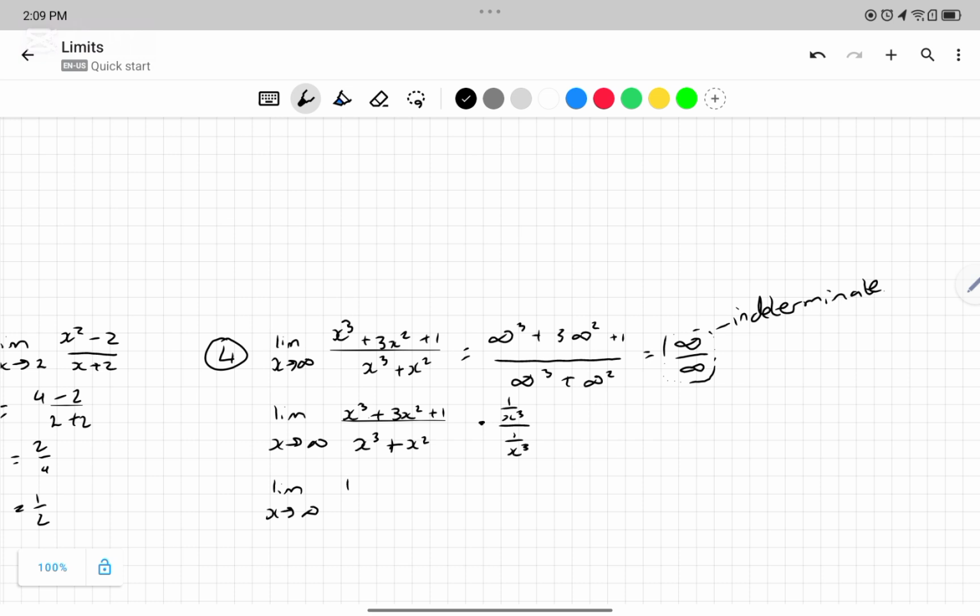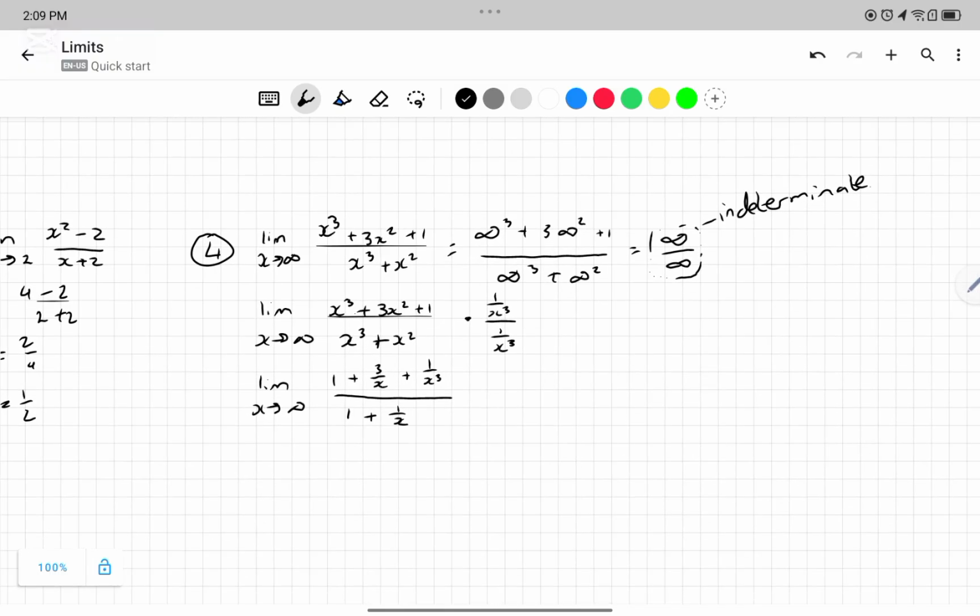So what you will get is the following. You get 1 plus 3 over x plus 1 over x cubed all over 1 plus 1 over x, right? And then remember from this function, that's 1 over x. Anything over x, basically, as x approaches infinity, y approaches 0. So please note from this function.